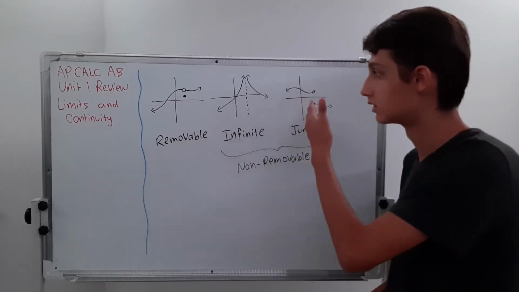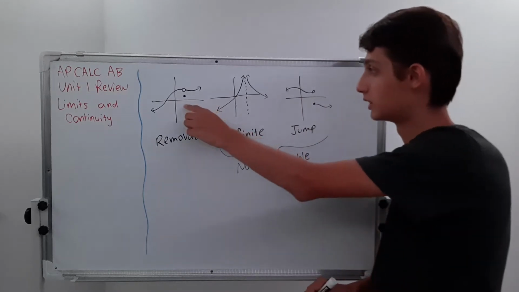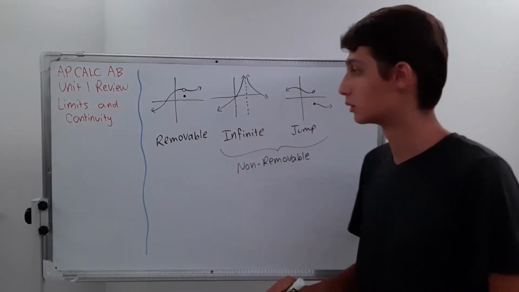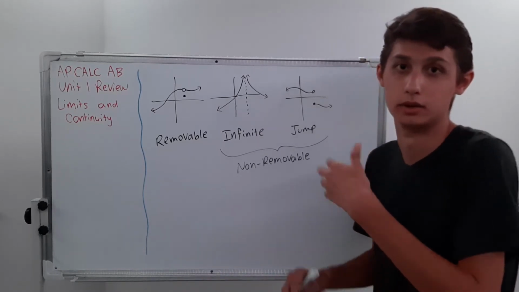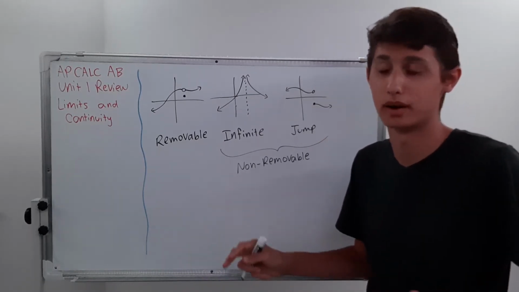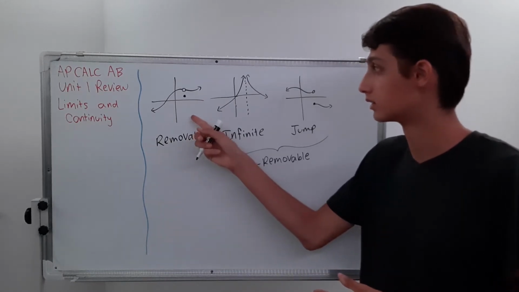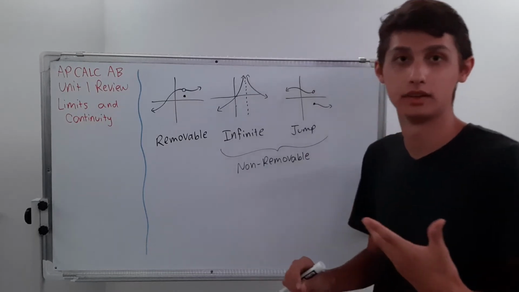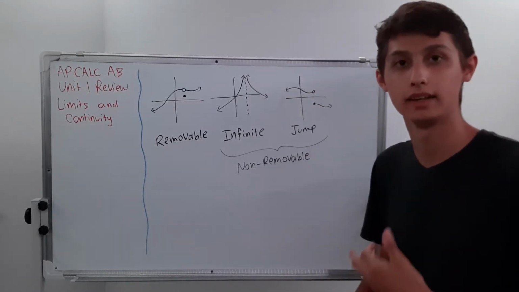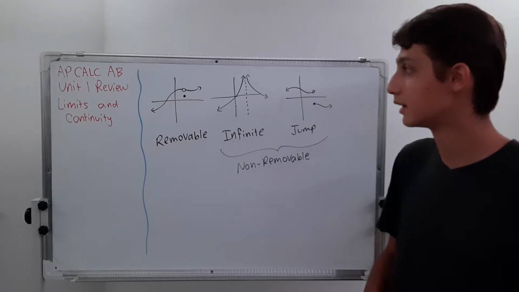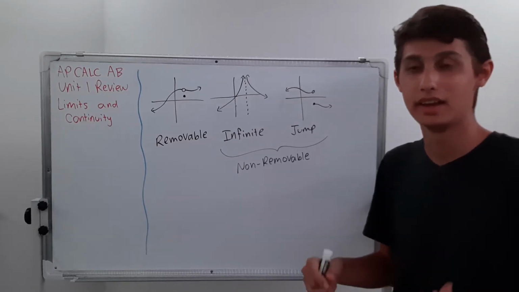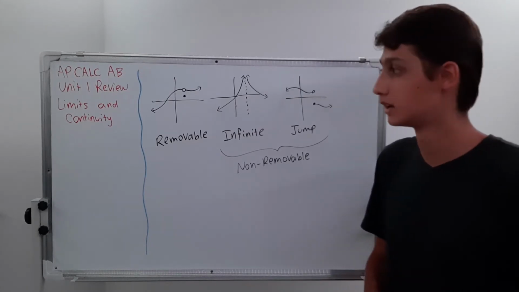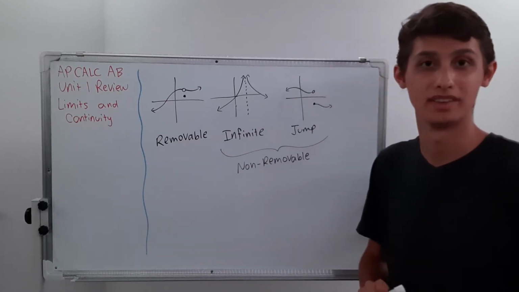Each of these is continuous everywhere else except here, or here, or here. We could have a completely continuous graph, continuous at every single point, or graphs like these, or combinations of all of these. But what we're trying to talk about is whether a function is continuous at a certain point. And so we need language to precisely describe if a function is continuous somewhere or not. That's what we're going to be developing, and that's going to help us figure out limits.